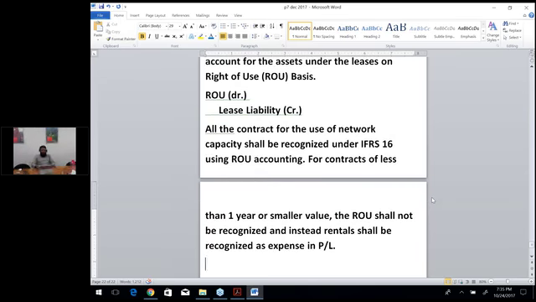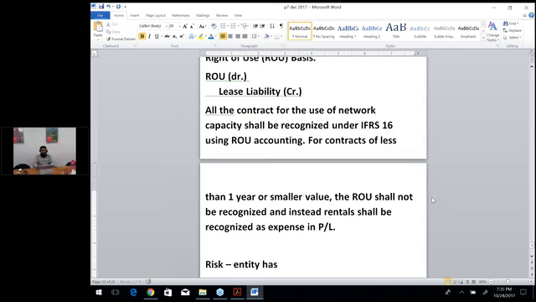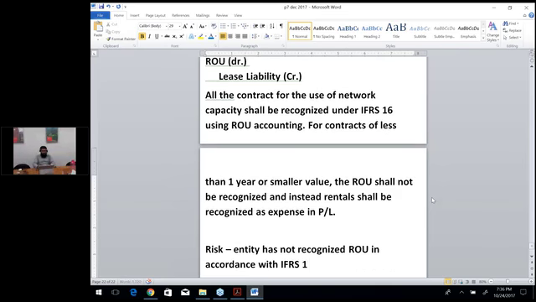So basically, what are the risks involved? The risk is basically that the entity has not recognized ROU in accordance with IFRS 16.